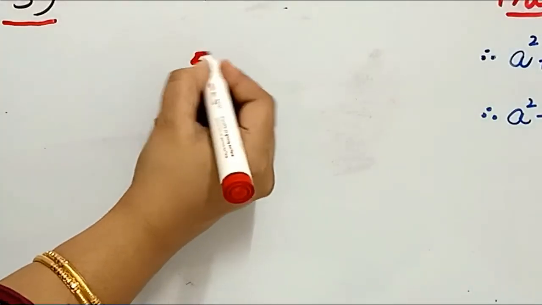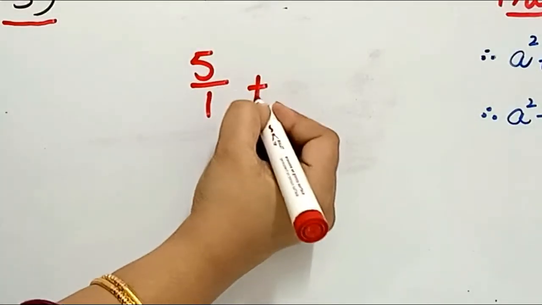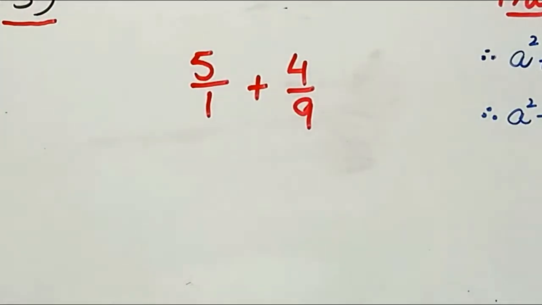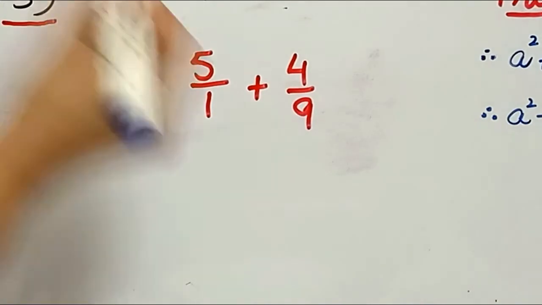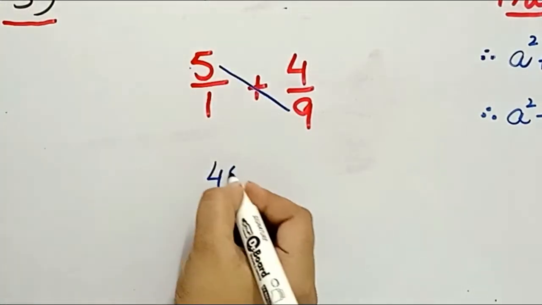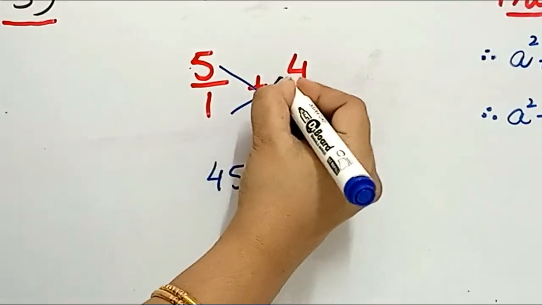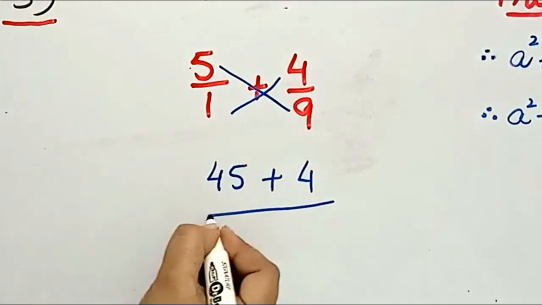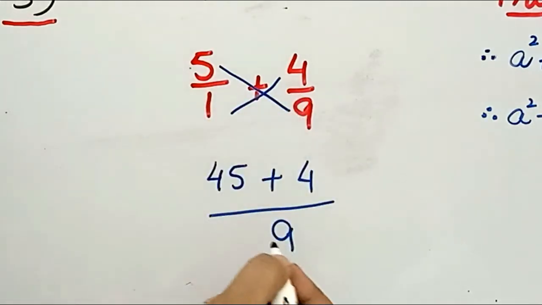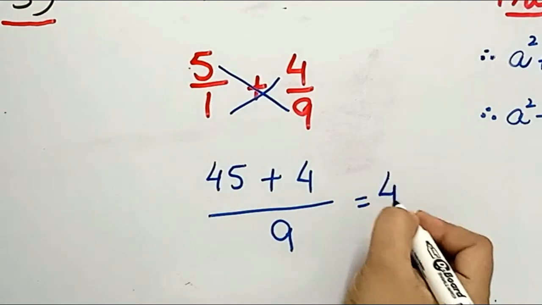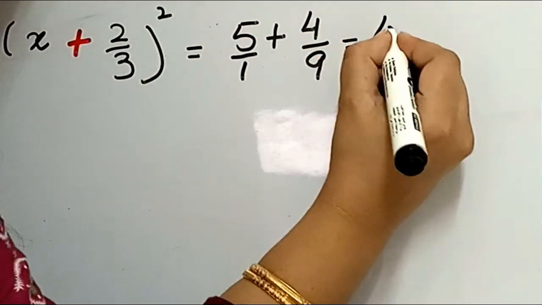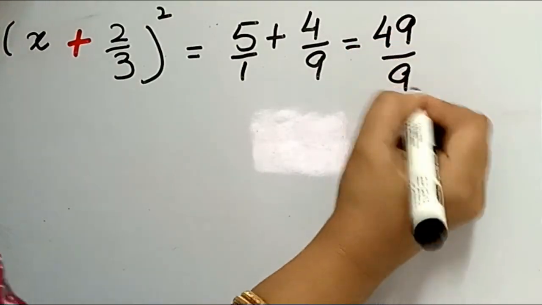If we take the LCM of 5 upon 1 plus 4 upon 9, we cross multiply: 9 fives are 45 plus 4 ones are 4, divided by 9, and the LCM of 9 and 1 is 9. So it will be 49 upon 9.